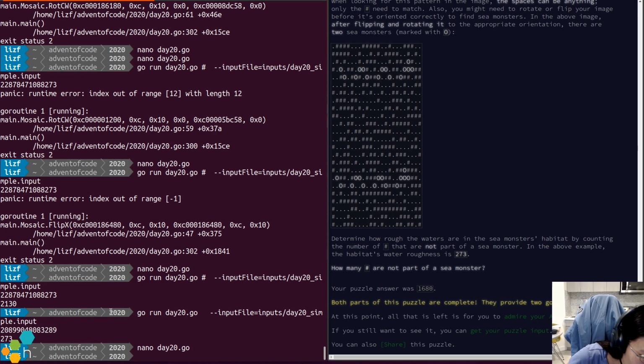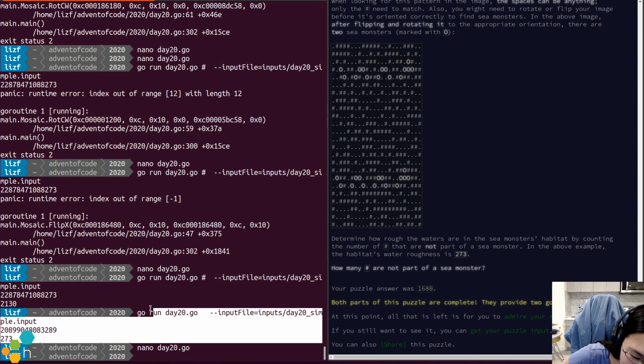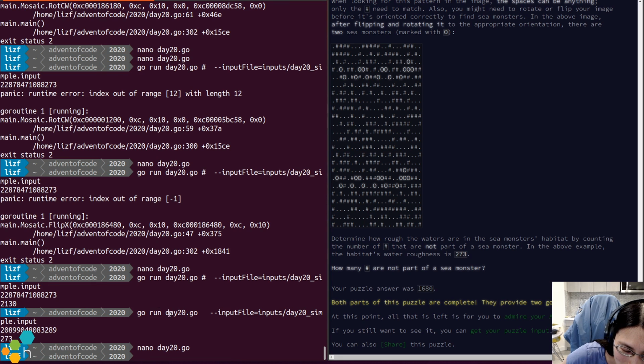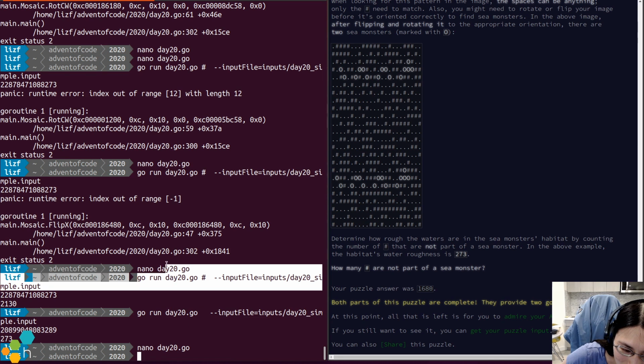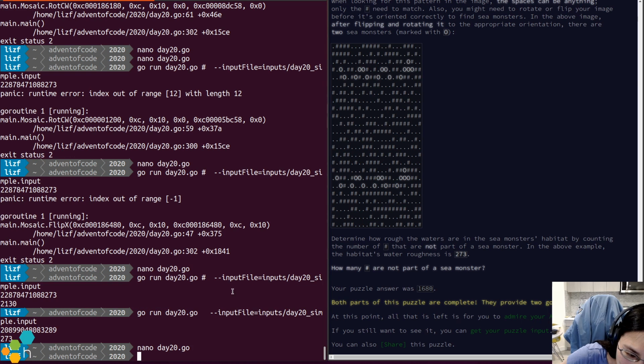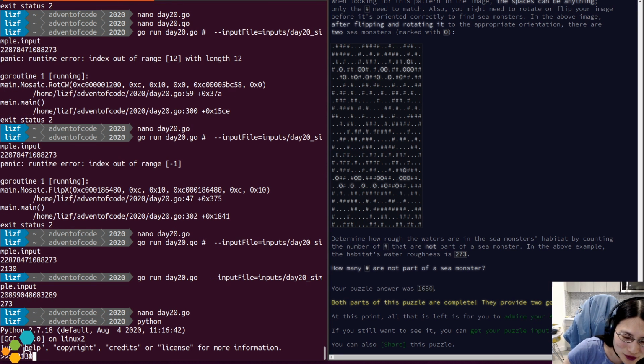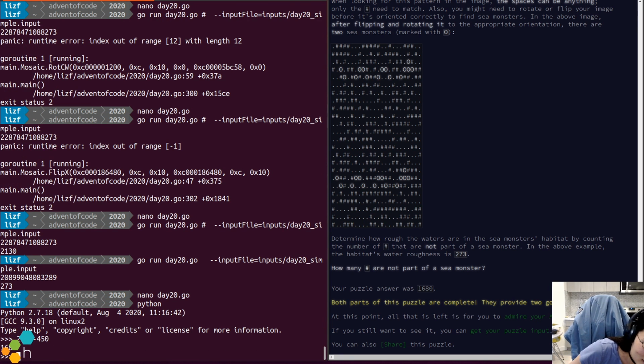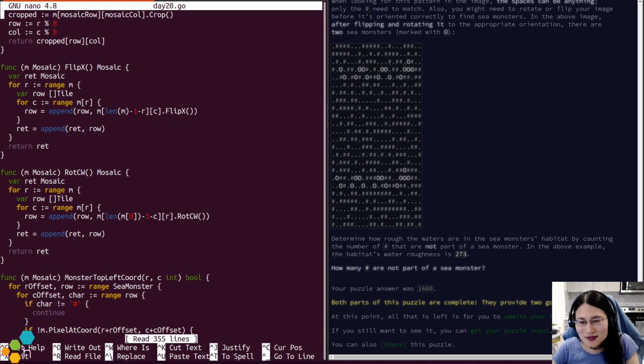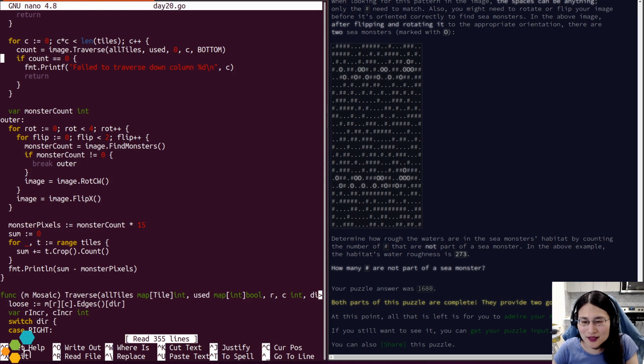Habitat's roughness is 273. So that actually already returned the correct result. Okay, so I'm already getting the correct result here. I actually don't need to change any of my code. Fascinating. Okay. So where is 2130 coming from? Oh, I know where it's coming from. 2130 minus 450 is 1680. Okay. So I am assembling this correctly now.